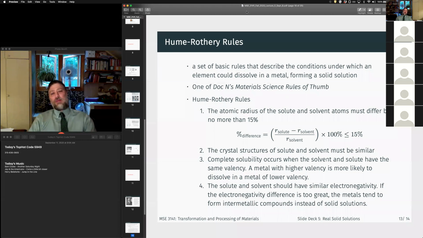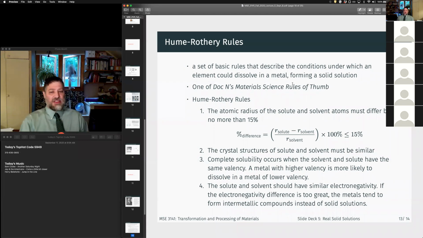Okay, so why am I pointing this out? This is stuff that wasn't in the reading, but it really should have been, I think. And what William Hume Rothe did was come up with a set of really basic rules that describe when you're going to be able to form a solid solution in a metal, or when you're going to form a miscibility gap, or form an intermetallic or an ionic compound, right?